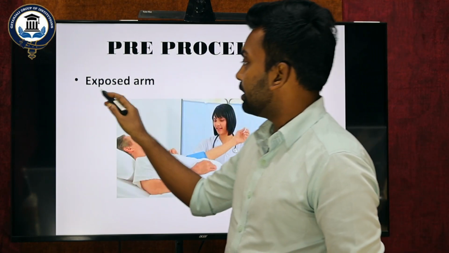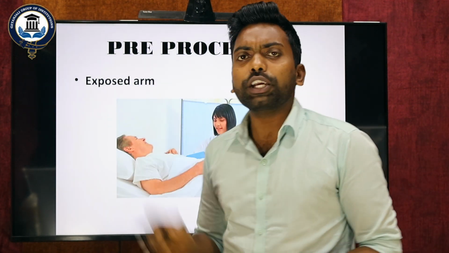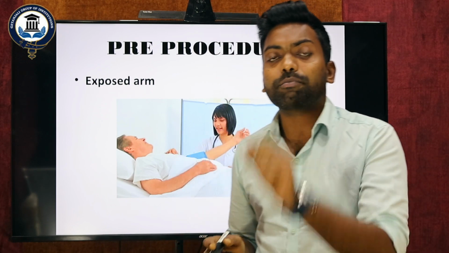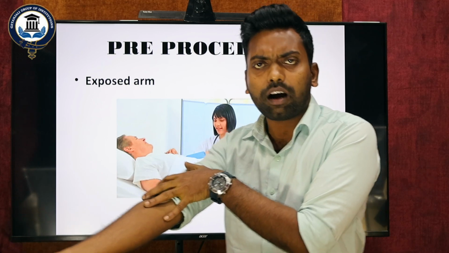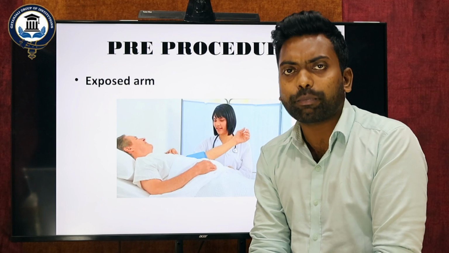And the next one is exposing the arm. Why do you need to expose the arm? Because some patients have undergone surgeries over the arm, and some patients who are on dialysis have a fistula surgery.